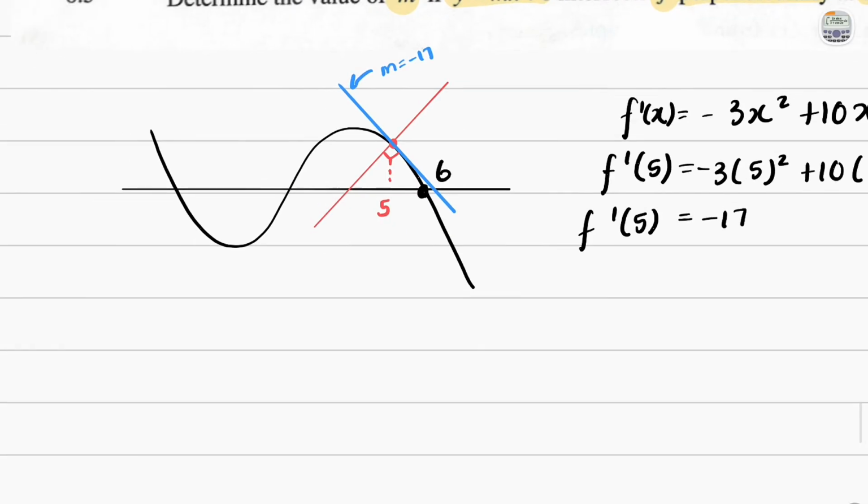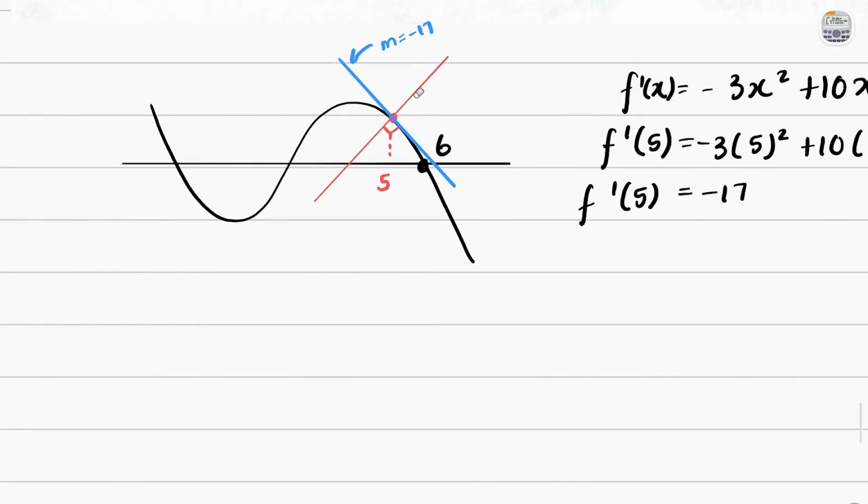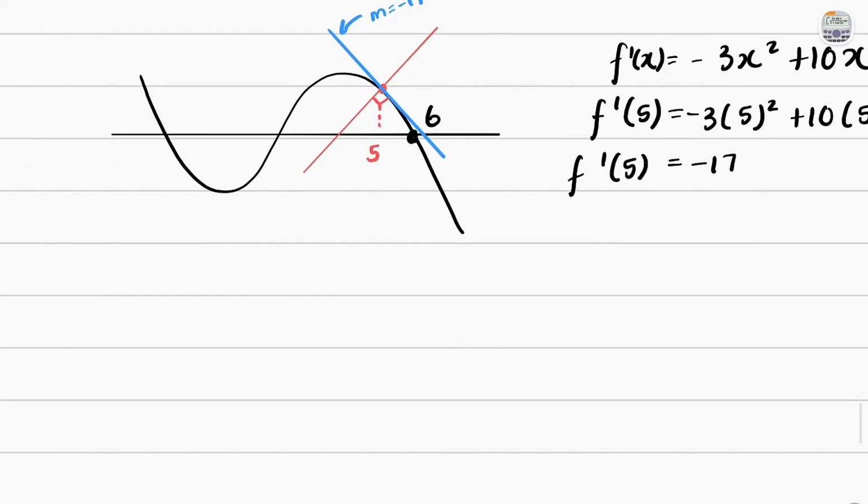Now we know that the gradient of the cubic function at that point is perpendicular to the gradient of this line at that same point. So to find it, we're going to say the gradient that we have multiplied by the gradient we're looking for is equal to negative 1, because if lines are perpendicular, the product of their gradients is negative 1.